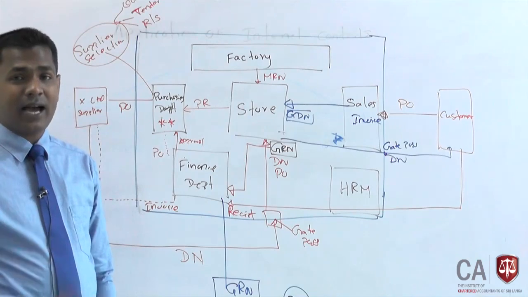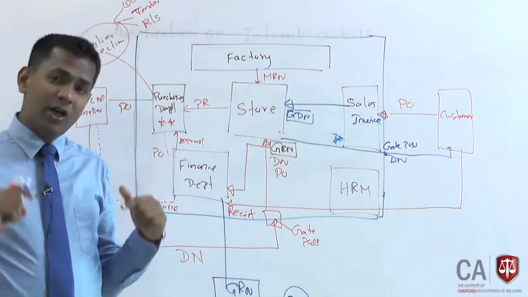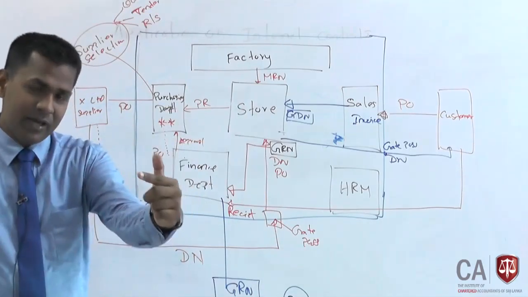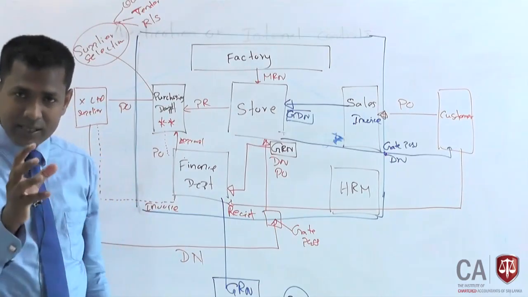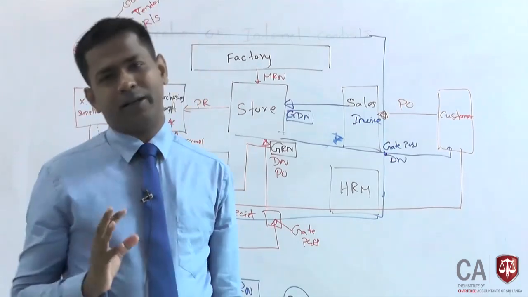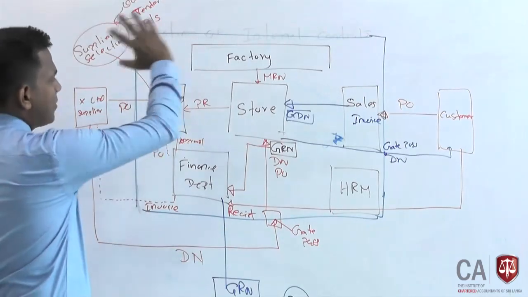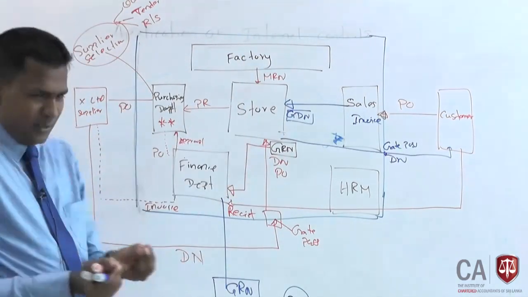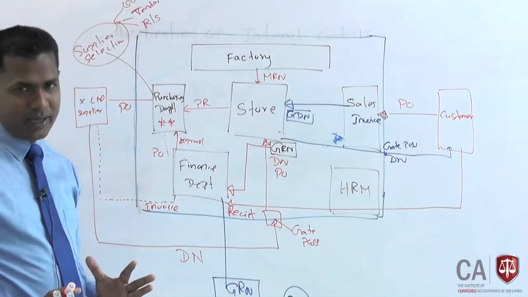We need to understand the internal controls prevailing in the business organization which will be useful in auditing financial statements. We don't focus on all the internal controls of the organization, we focus on internal controls which are relevant to financial reporting, right. So when you are understanding the internal controls in relation to financial reporting, I just gave you a background, a basic introduction to what types of controls will be there in the business organization.